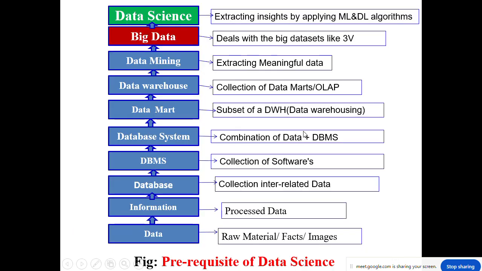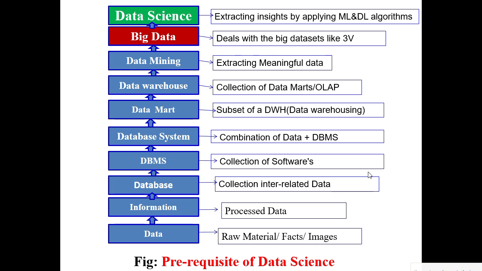Data science is, of course, a big evolution of computing technology, but it all started way back, a lot of decades ago, from data. Data is actually a raw fact. It can be image, audio, video, animation, or graphics of any form, but basically it is raw data. To make the raw data meaningful information, we need to filter the noise.